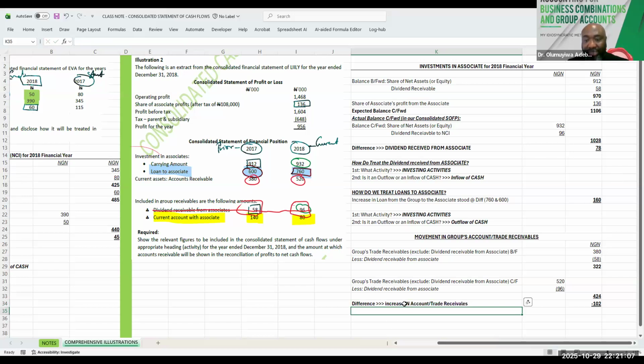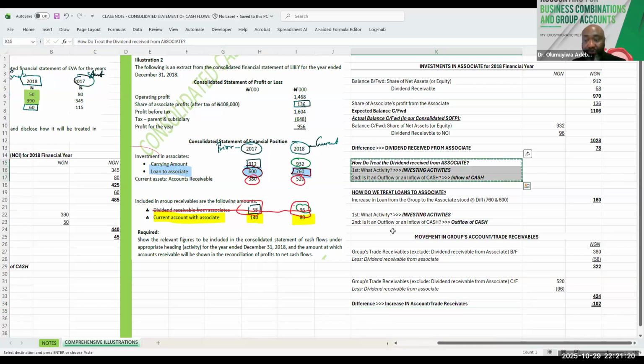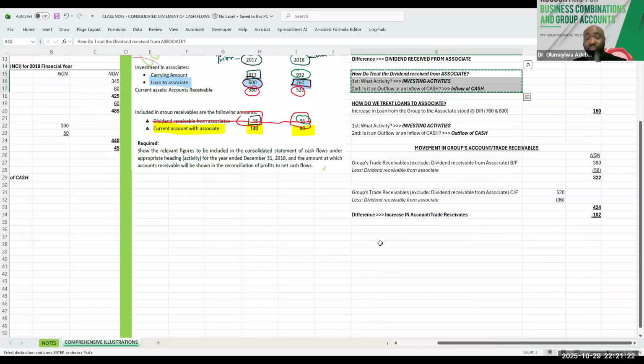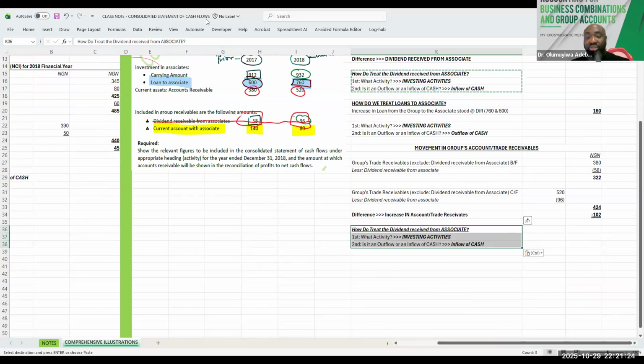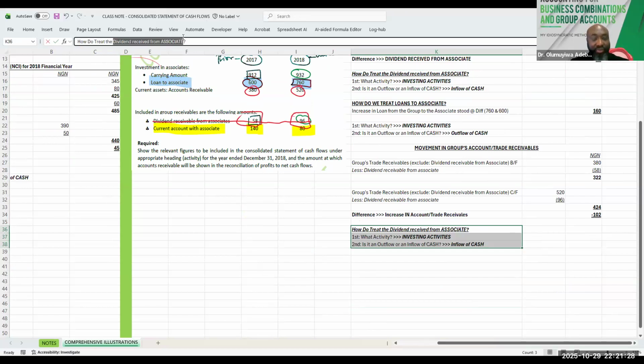And the next question we ask, similar to where we started from, is this. This treatment, how do we treat increase or movement in trades or account receivable?